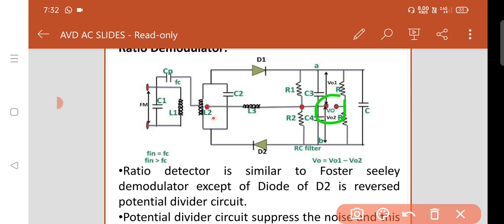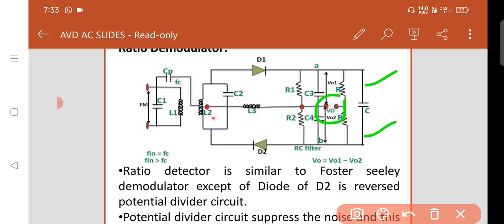So the output is the combination of both V naught 1 and V naught 2. You just observe, the output will vary with the input FM signal frequencies, which it does not in the Foster-Seeley discriminator.